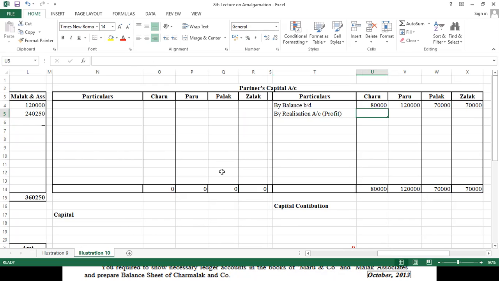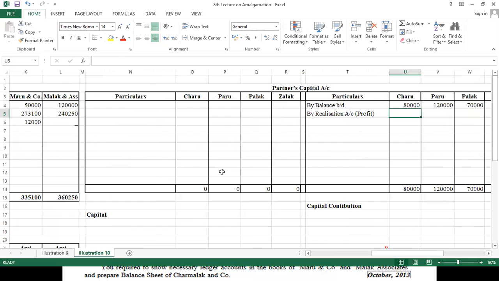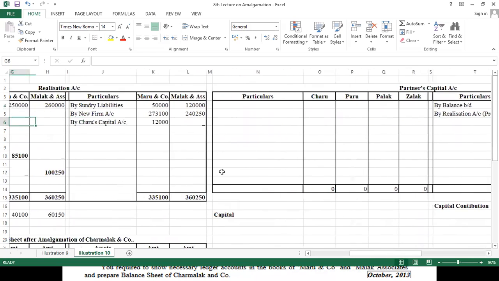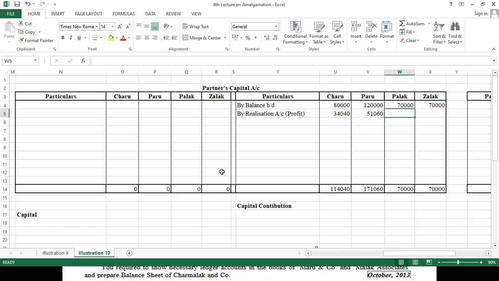The profit of Charu is 34,040 and here 51,060, 60,150 for Palak and 40,100 for Jhalak.